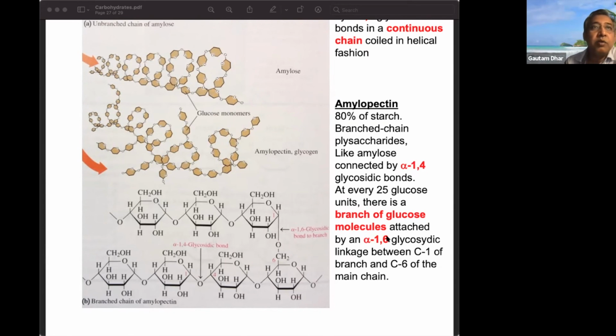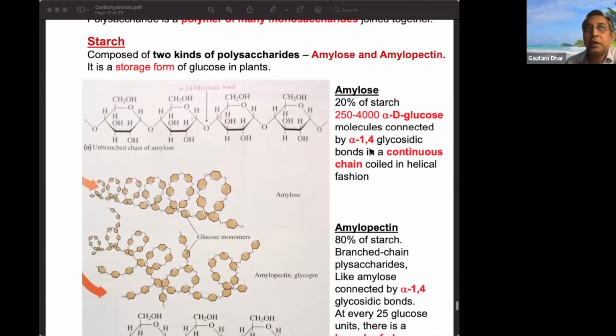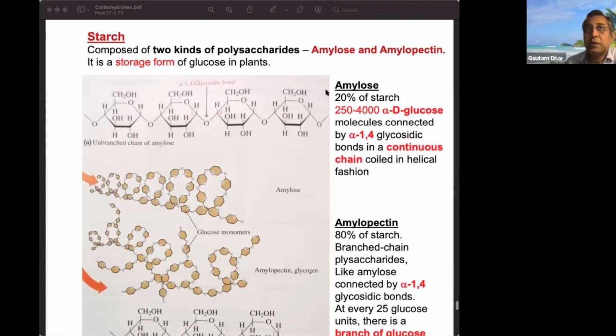Okay, so again, the take-home message is, what is starch? It's a polymer of alpha D glucose, and the length can vary, like 250 to 4,000 units. It can be very long, and they are linked by alpha 1,4 glycosidic linkage. Because of this particular 1,4 linkage, the starch molecules are like a spring; they form this coil, helical structure, and that is again important.